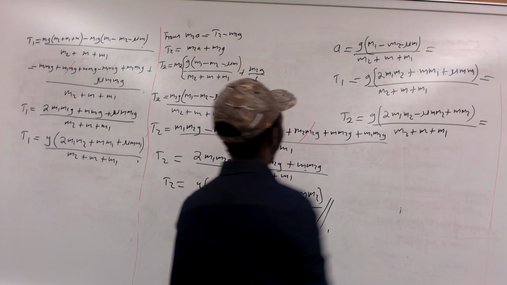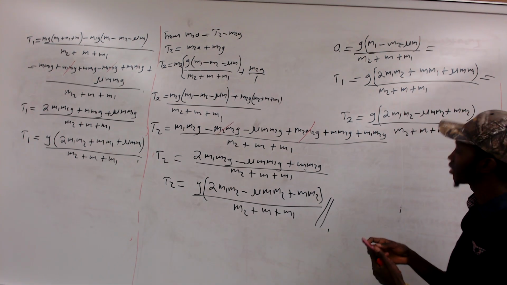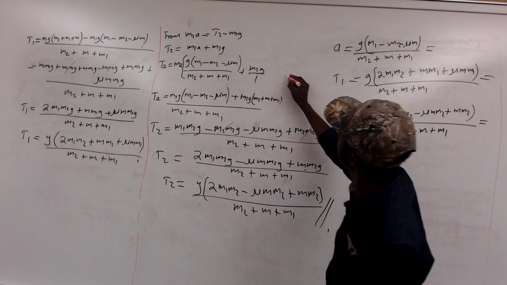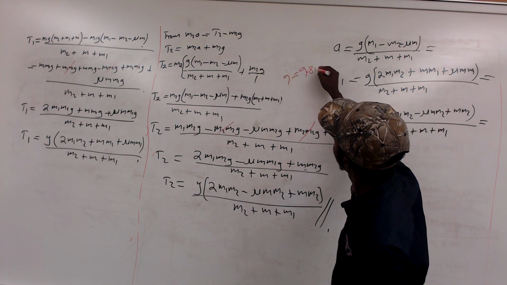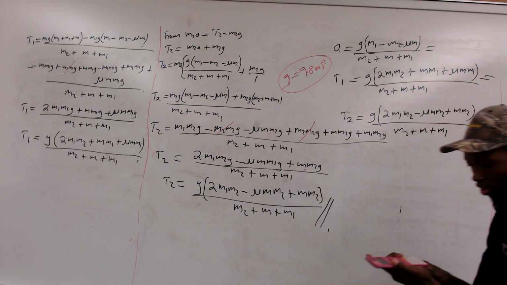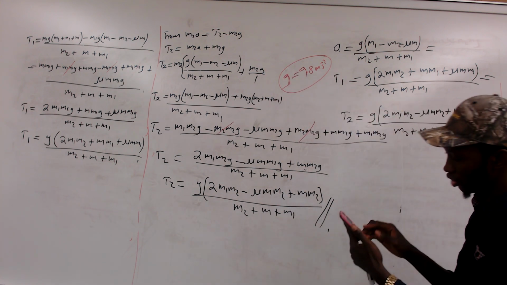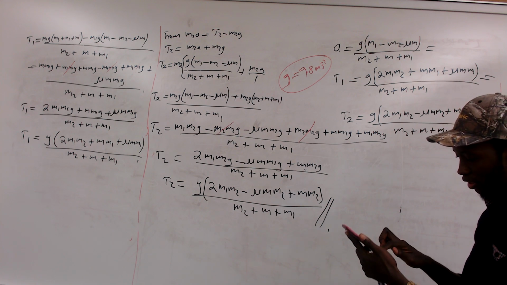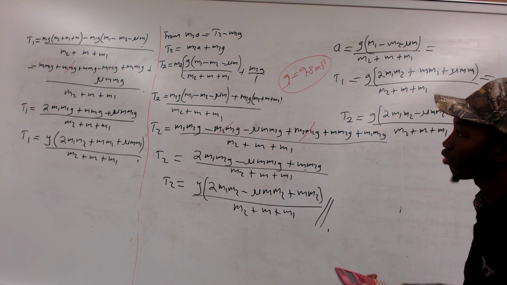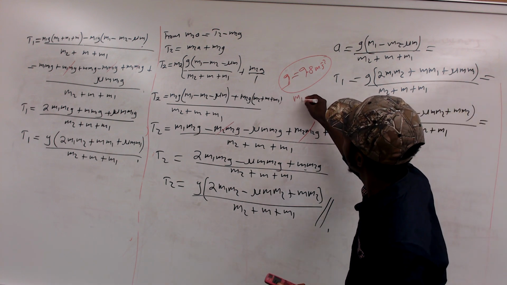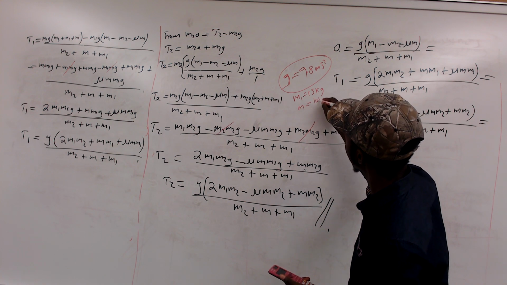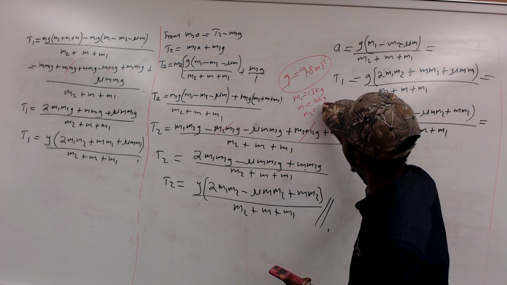So we'll start with A. We consider gravity G to be 9.8 meters per second squared. So we take G to be 9.8, bracket open, M1, let's not forget, M1 was 15 kg, M was given as 10 kg, and M2 was given as 6 kg.